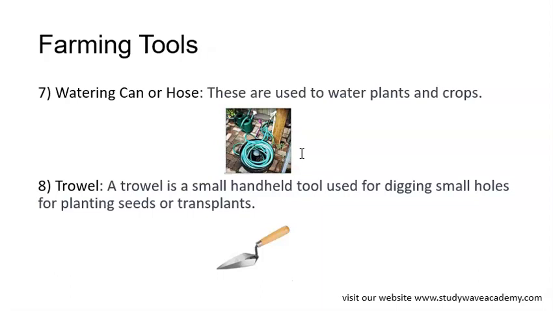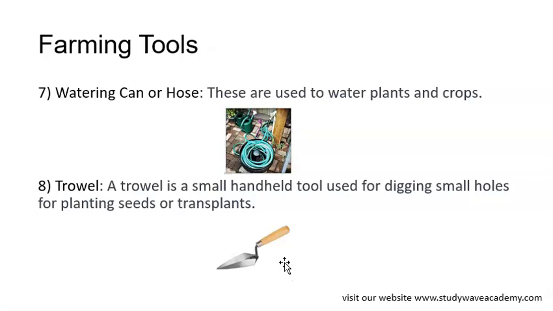And then we have the trowel. The trowel is a small handheld tool used for digging small holes for planting seeds or transplanting. This is called the trowel. You can just use it to dig a little hole when you want to plant.